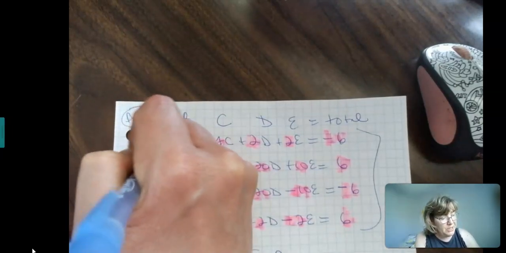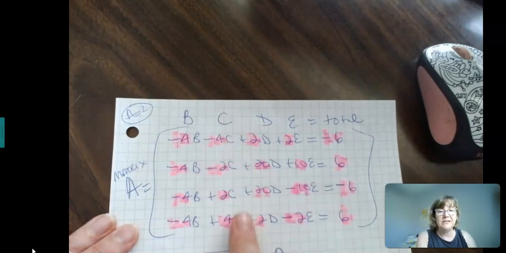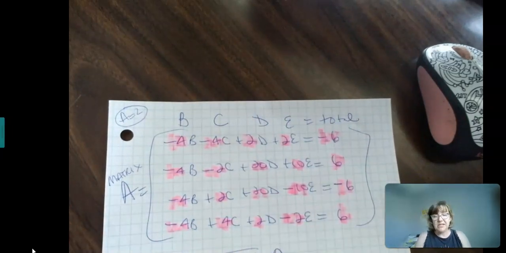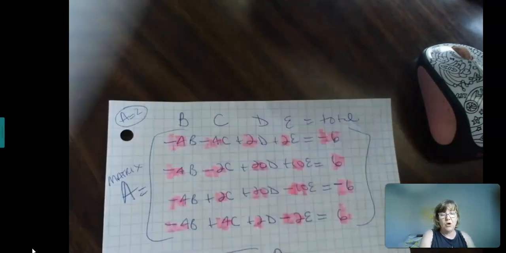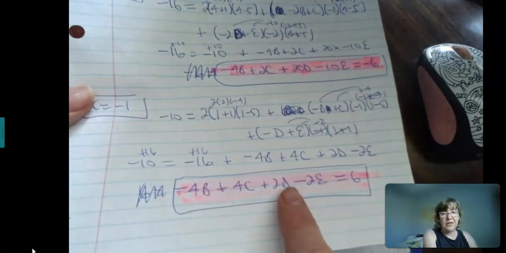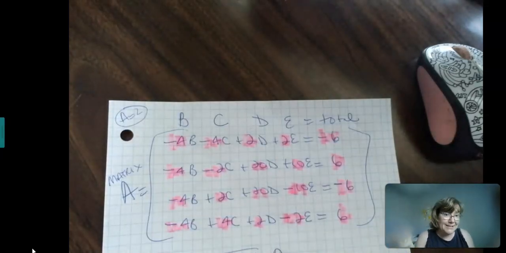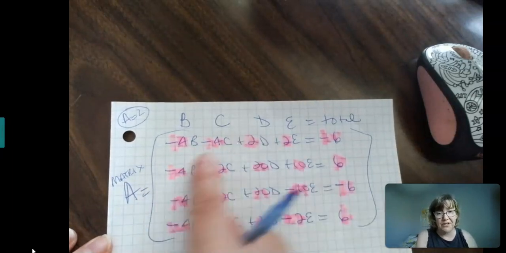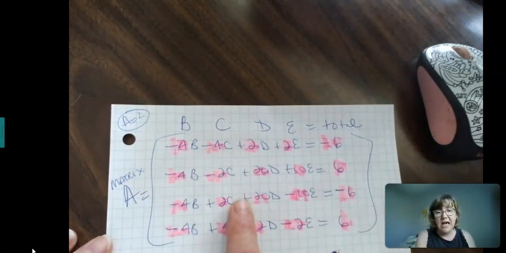So we're not going to put in A. We have B's, C's, D's, E's, and all our answers. I'm taking those 4 equations, equation 1, 2, 3, and 4 that we got when we subbed in somewhat nice numbers, and we're going to have the computer solve this.